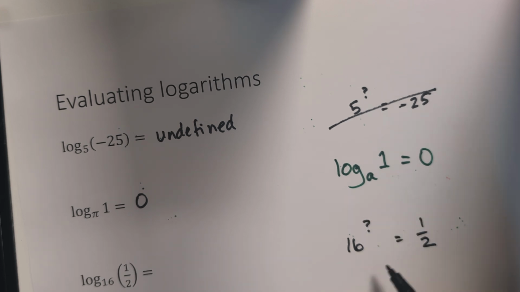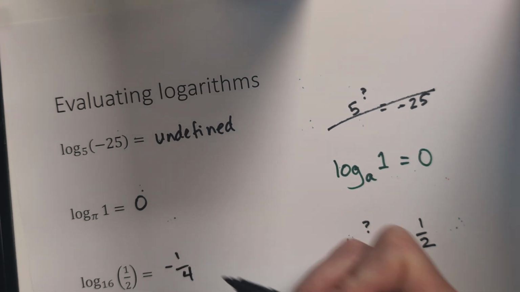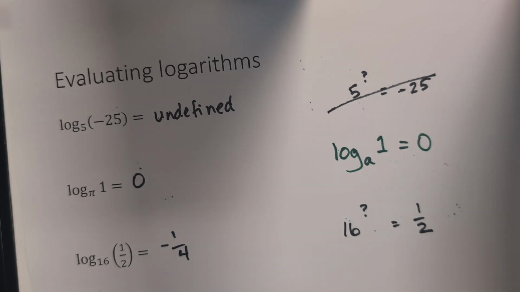Well, I do need to take the 4th root of it, and I need to make the reciprocal. So 16, the 4th root is going to be 1/4, and I want to flip it over, make the reciprocal, so negative 1/4. So lots of exponent laws. That's what a logarithm is, and we'll use logarithms to solve exponential equations in the near future.